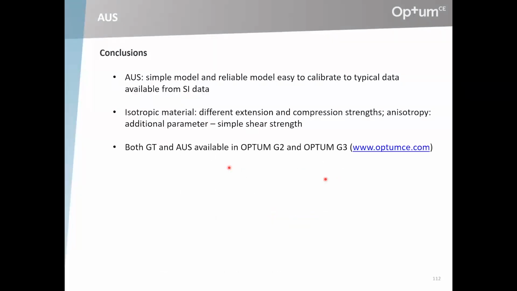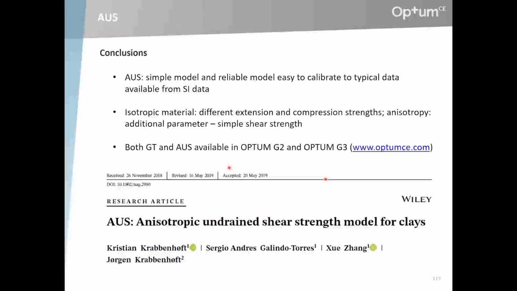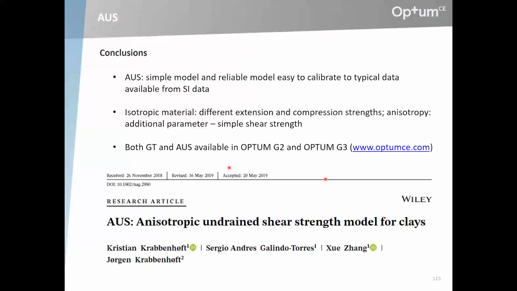And both these models, the generalized Tresca and the AUS model, are available in G2 and G3, and we finally have a paper out on this model in the International Journal. It's not written here, it's Numerical and Analytical Methods in Geomechanics, for those of you who would be interested in knowing more about the model.